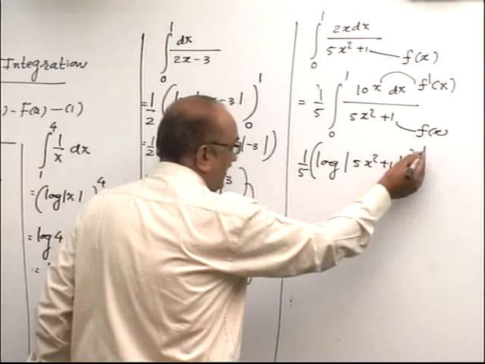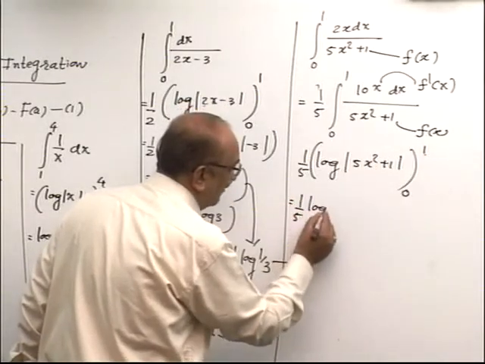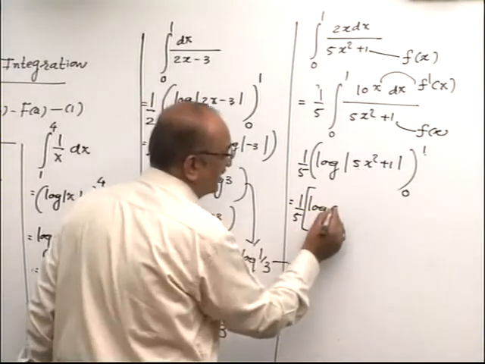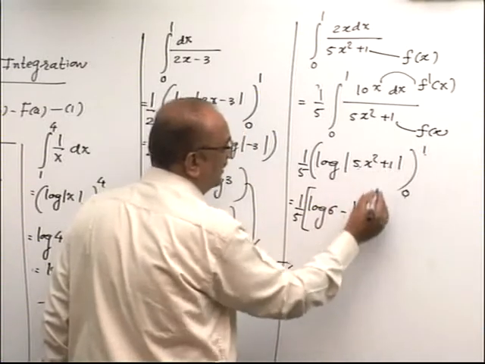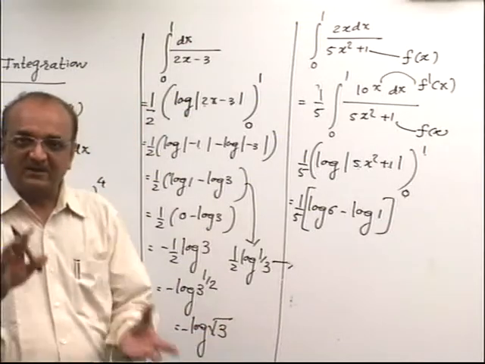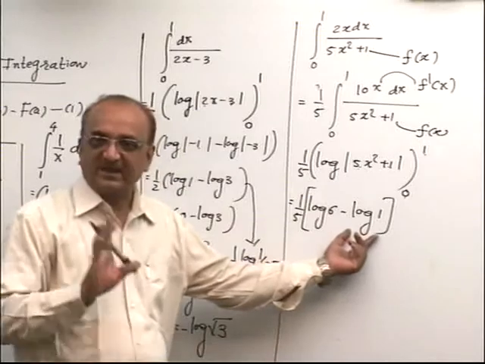Substitute the value, x is 1. So 1 upon 5 log of 5 into 1 is 5 plus 1 is 6, minus log of, if you put 0, then 0 plus 1 is 1. Log 6 minus log 1, you can write log 6 upon 1, and log 1 you can take as 0.